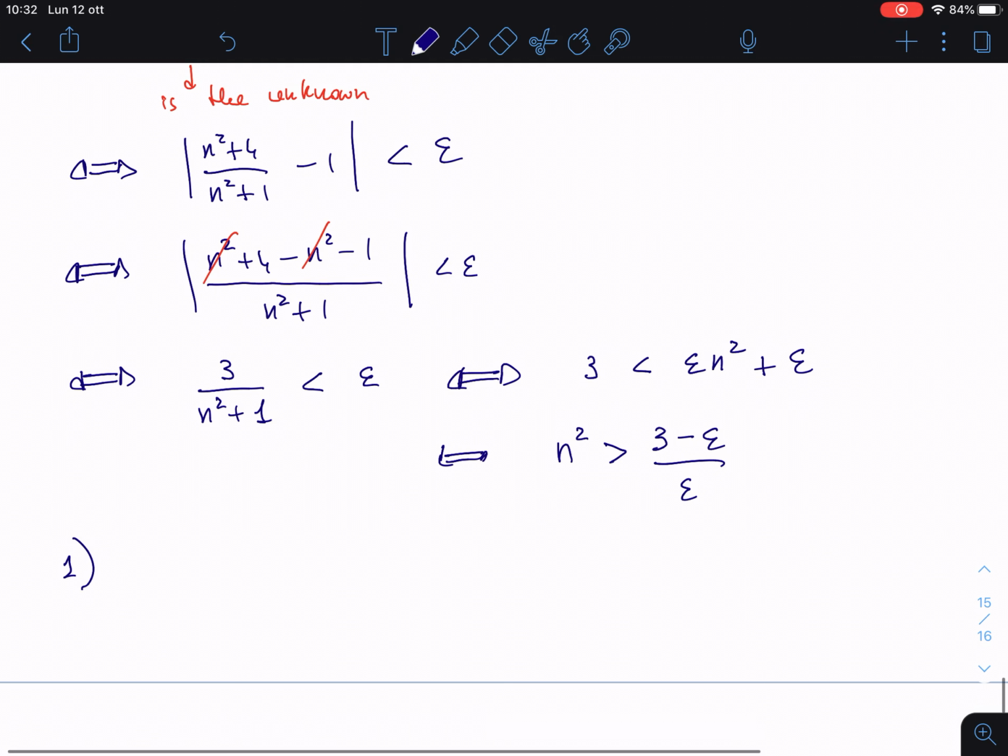we say if epsilon is larger than 3, because I just said epsilon larger than 0. I did not say epsilon small or things like that. So if epsilon is larger than 3, then this quantity (3 minus epsilon) divided by epsilon is negative.